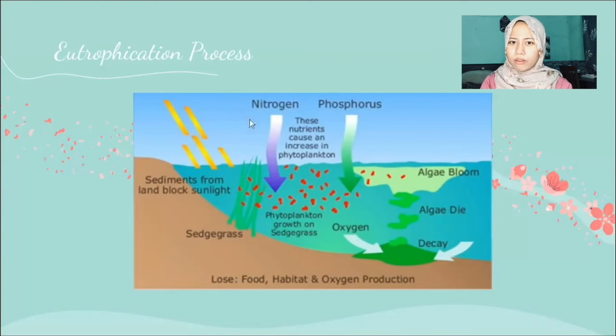The fertilizer, rich in nitrate and phosphate, also causes an increase in the amount of phytoplankton and will trigger overgrowth of algae in the water. After that, the algae that form will block sunlight from entering the water and use up oxygen. Lastly, the water becomes oxygen depleted, becomes a dead zone, and no longer supports life.